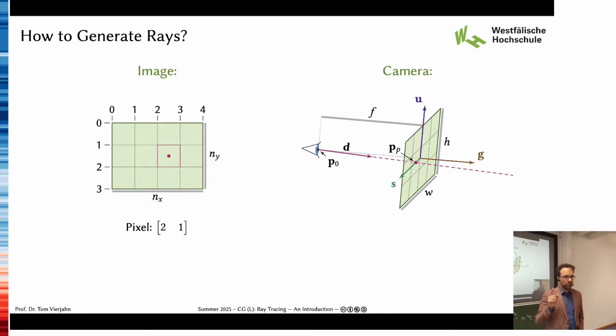Does the number 2, 1 suffice? Is this the correct number that we need to use? That is pixel 2, 1. If we take the 2-dimensional array of colors that we talked about last time, this would be index 2, 1, or just the opposite way around.